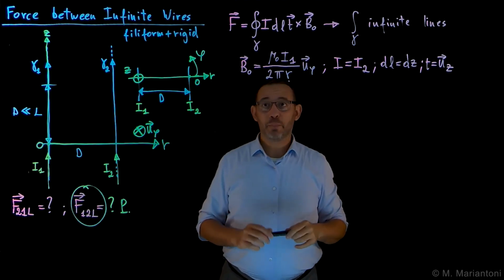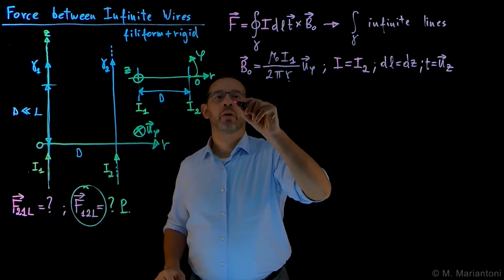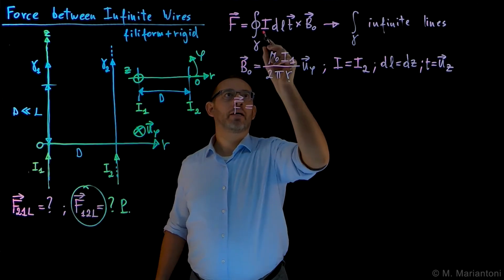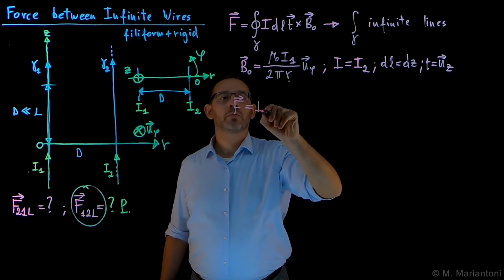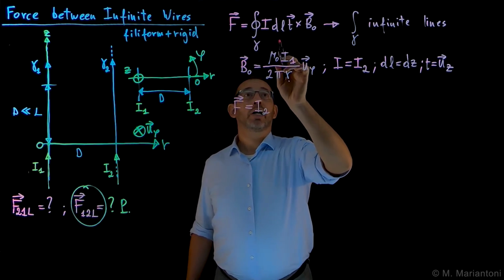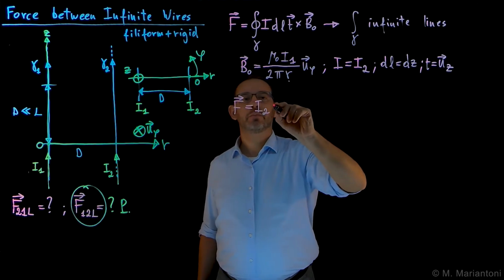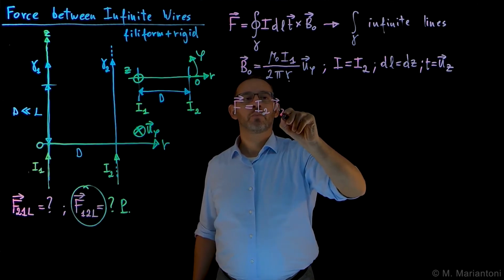So now that we have all this mapping done, we can finally rewrite this force F here. Mostly constants, so we can take them outside the sign of integral. What is I? I is I2. We take it outside, steady current. What about dL? dL we need to keep. What about T? T is the direction, which is uz. What about B naught?